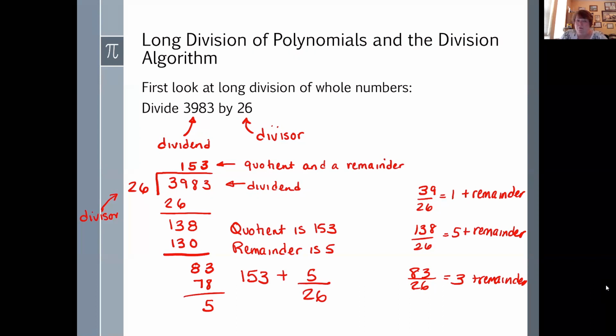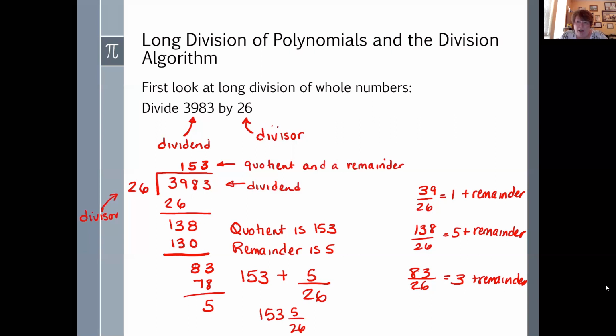So 3,983 divided by 26 is 153 with a remainder of 5. And the way we write that is 153 plus 5 over 26, which we can just write as 153 and 5/26.